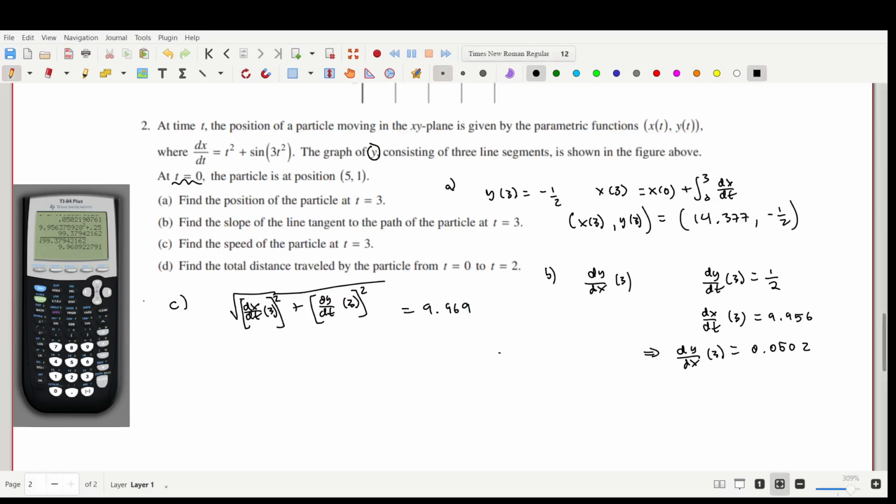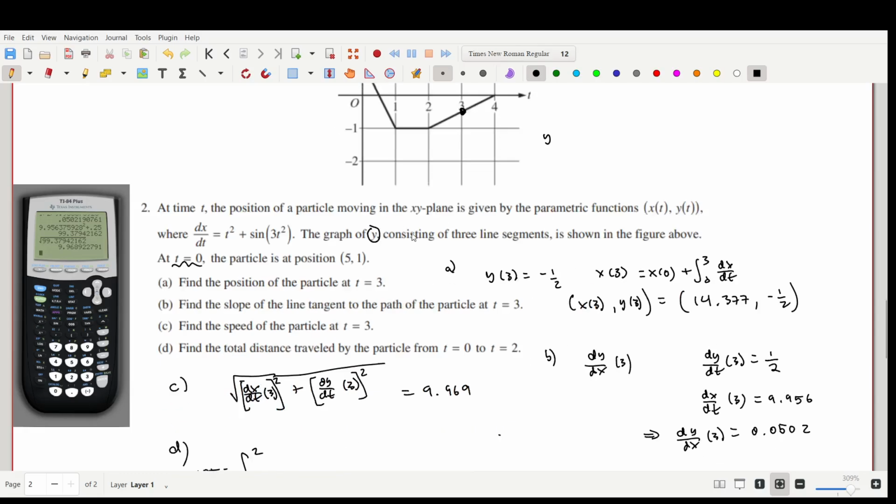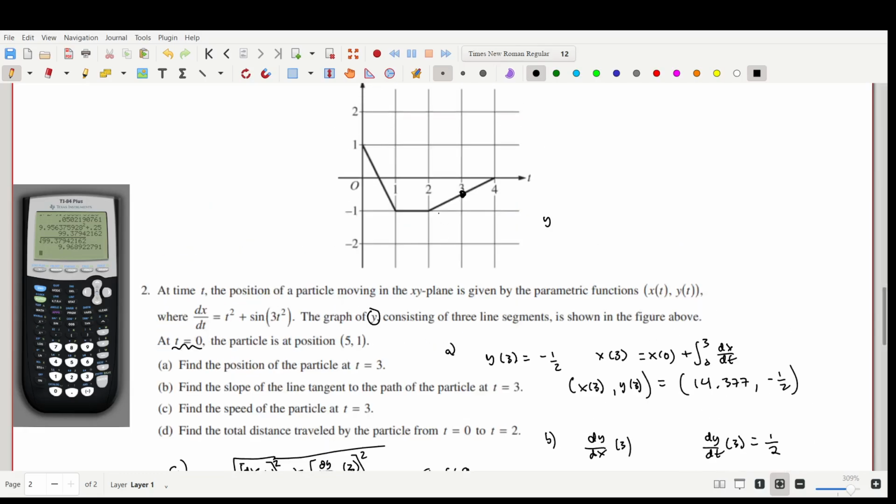And then D is kind of an awkward problem here. Find the total distance traveled from 0 to 2. You want it to be this integral, right? The integral from 0 to 2 of the speed dt. But the problem is that dy/dt is weirdly piecewise. It's also 0 to 2, right? So it chops off here.